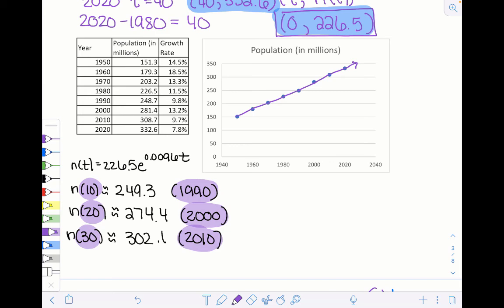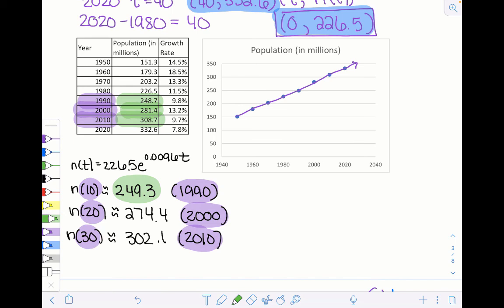If we look at our table to compare our results, we see that they're not the same, which is to be expected with a model, but they're in the general ballpark of the actual population values for 1990, 2000, and 2010.